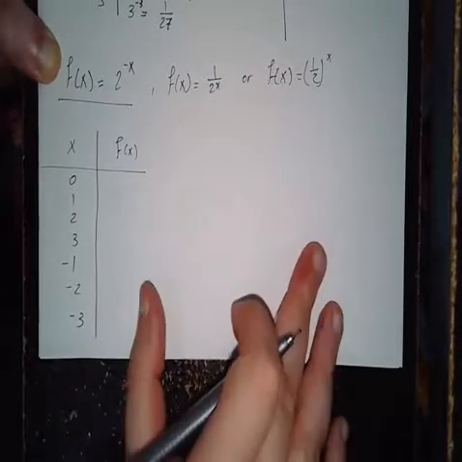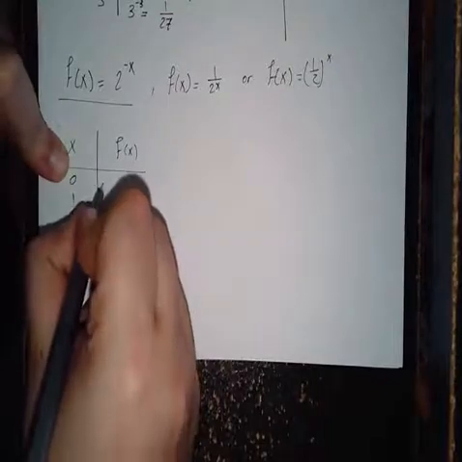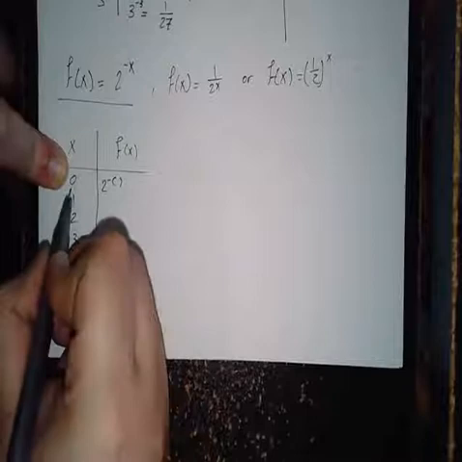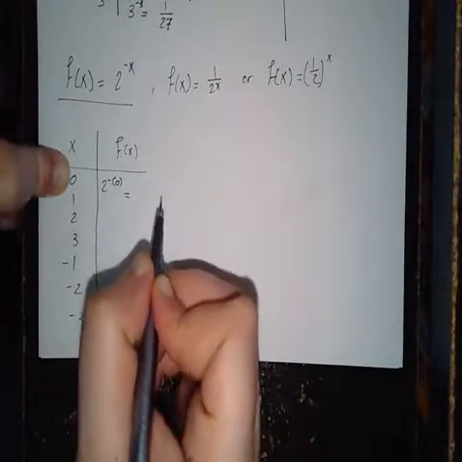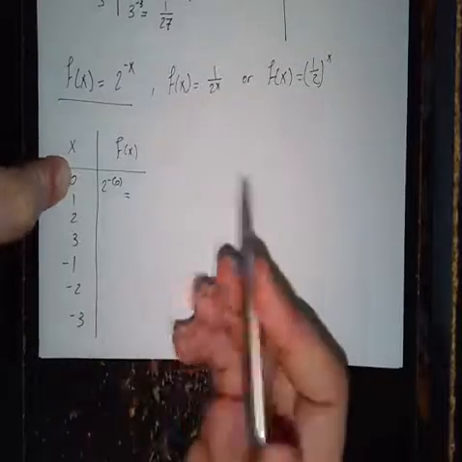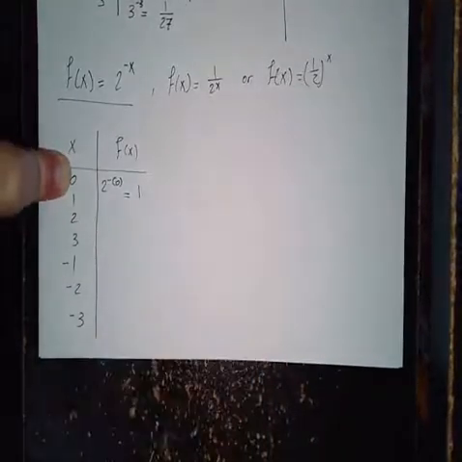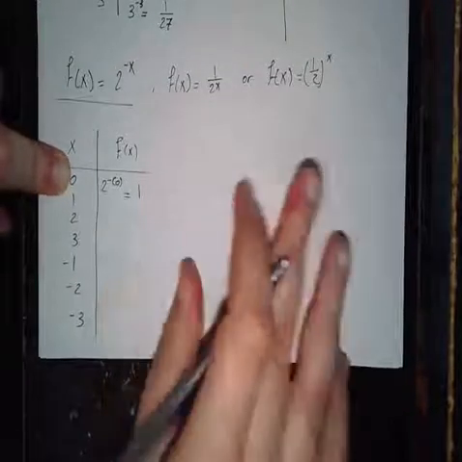Okay? So, when it goes to 0, you have 2 to the negative x, correct? In this case, x is 0, so 2 to the negative 0. Now, 0 can never actually turn negative, so it's still 2 to the 0, and anything to the power of 0 is 1. So the answer for the first one is going to be 1. Yeah?